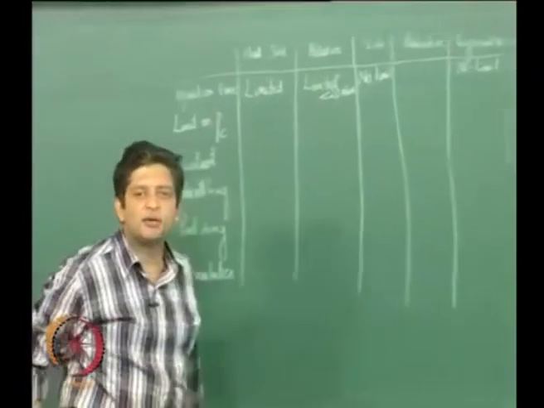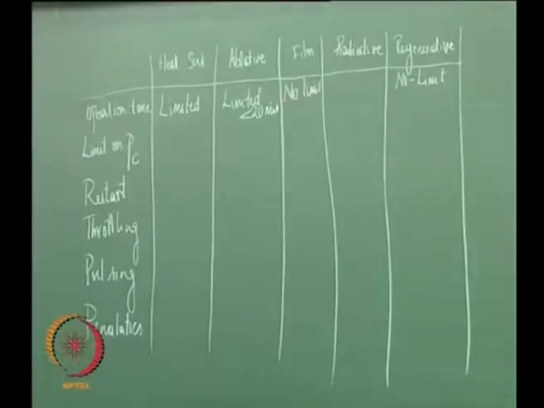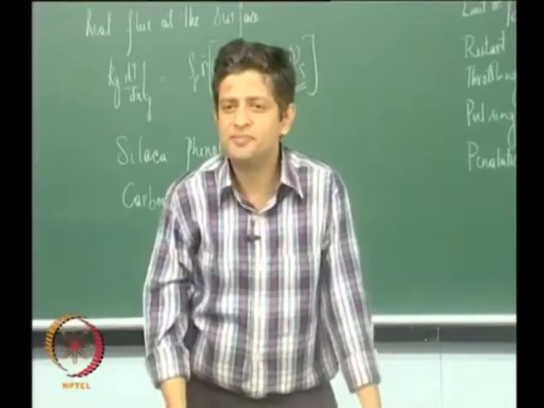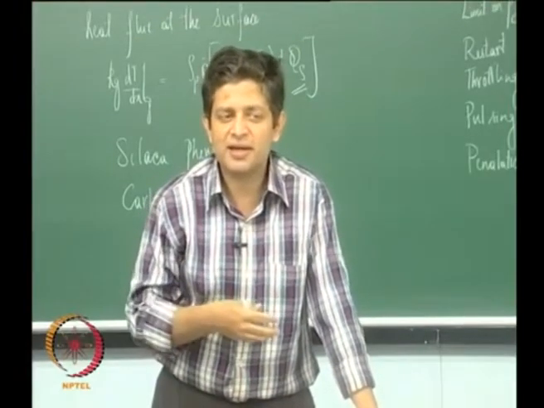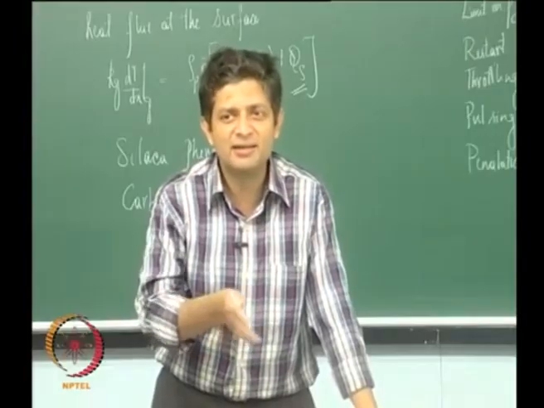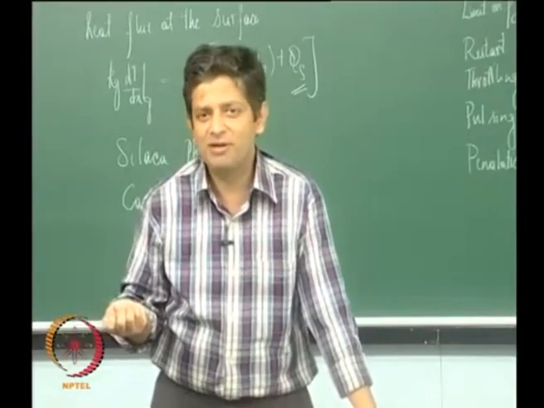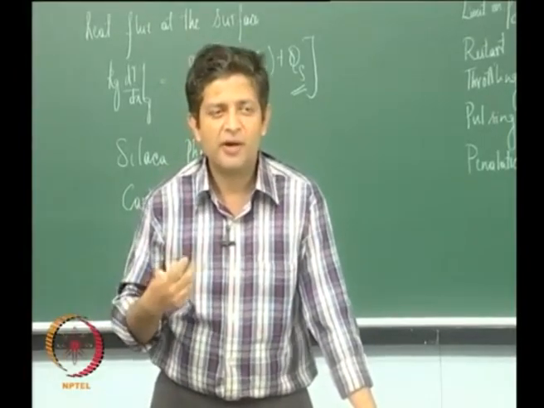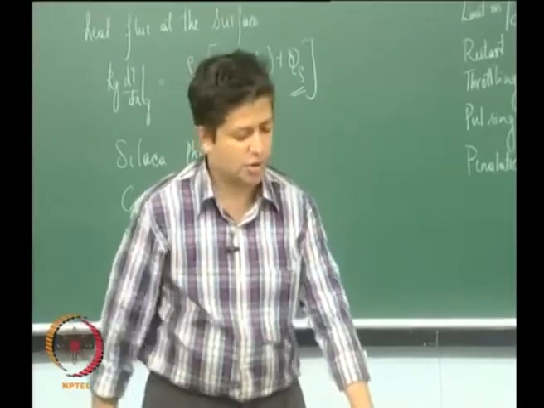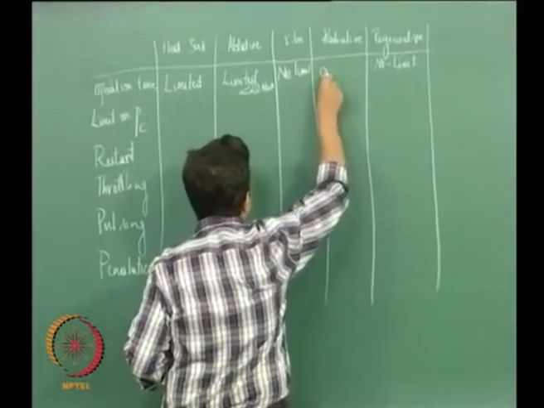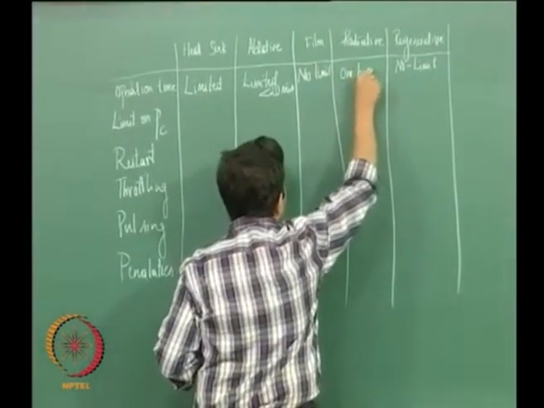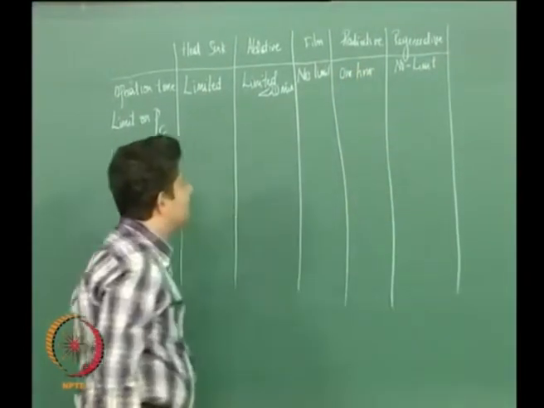What about radiative cooling? Do you think it's going to have some kind of limit? It should have a limit because it is also in some sense a heat sink, and on the other side you have radiation taking away the heat. So this is something like typically 1 hour.